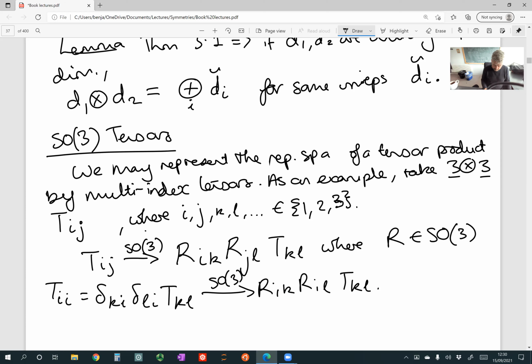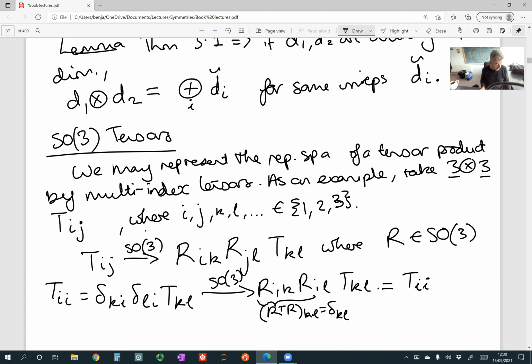So this is equal to R transposed. If I take the transpose, I switch the order of the indices on this first factor, and this is R transposed R. If R is in SO(3), or even if it's in O(3), R transposed R just gives us delta_kl. This is the identity matrix back. So we see that the trace part of the 2-index tensor is actually invariant.